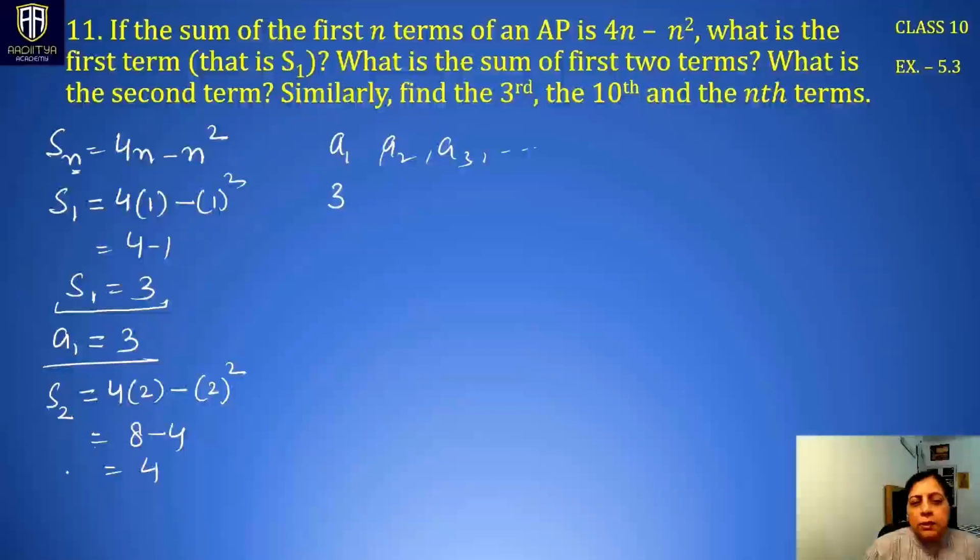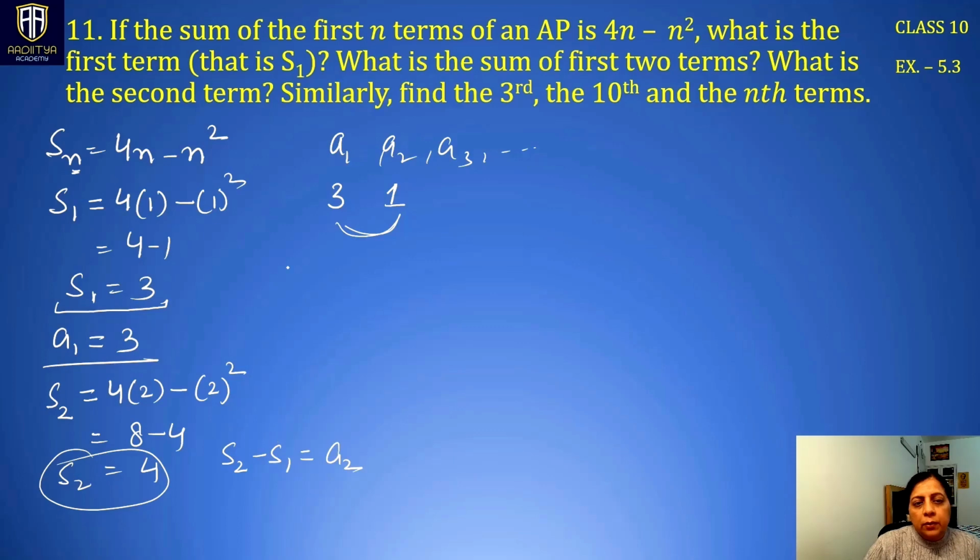The sum of first two terms is 4. What should be the value of A2 so that the sum of these two terms is 4? That is 1. Right? So S2 minus S1 is equal to A2. You should try to adapt this because it is going to give you a new formula.